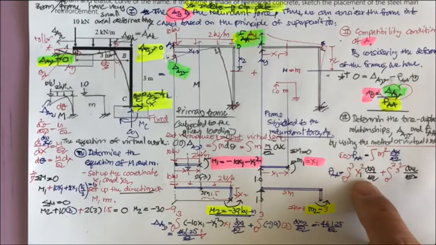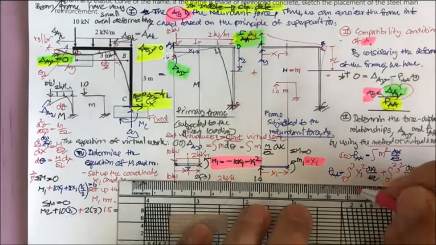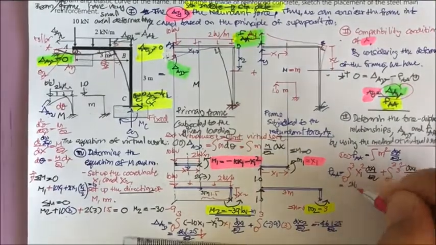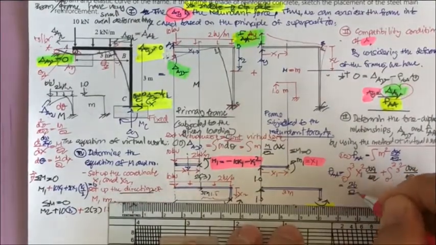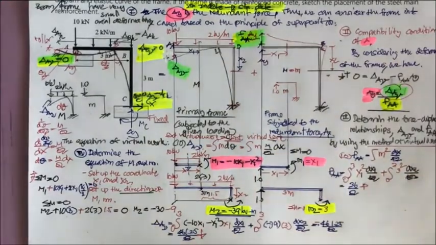This is going to be x power 3 divided by 3, and it's going to be 9. Okay, so 9 plus 27 is going to be equal to 36 over EI, and this one is upward.